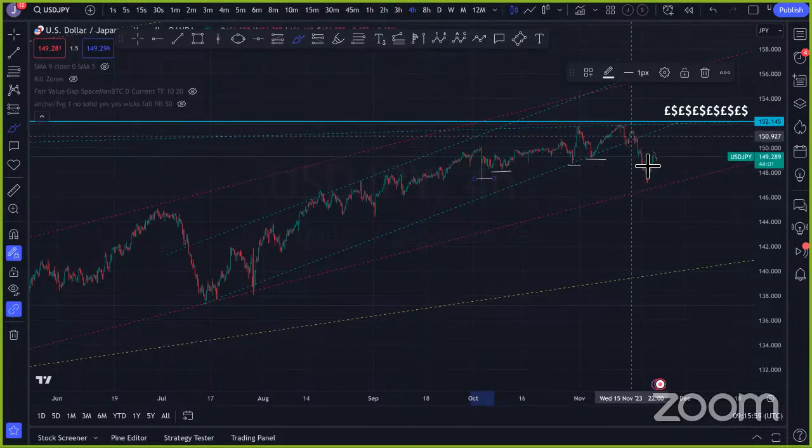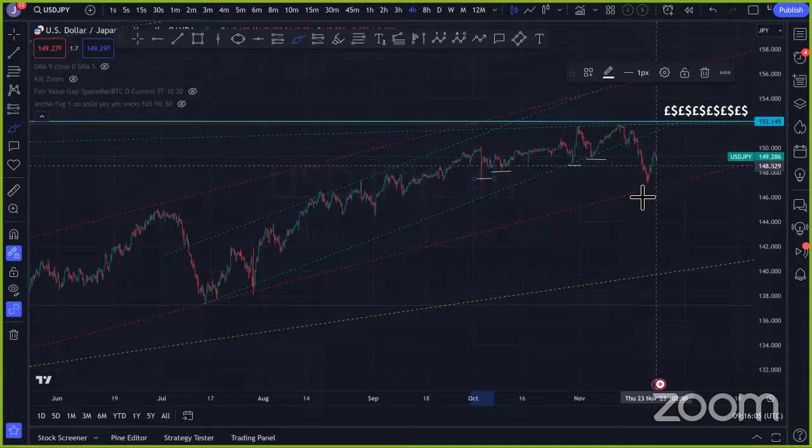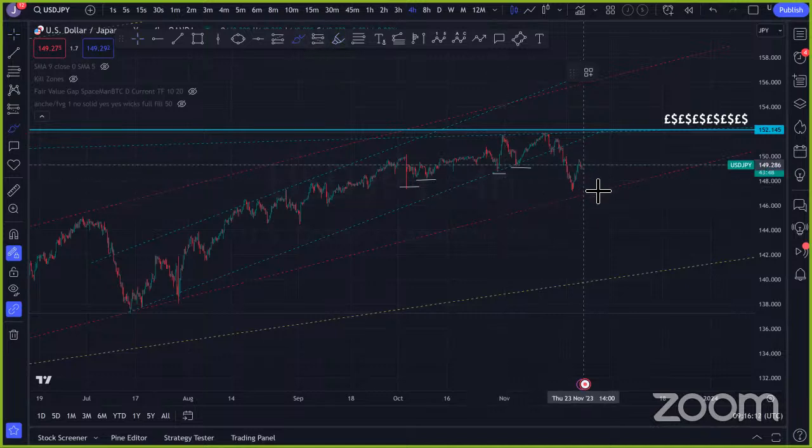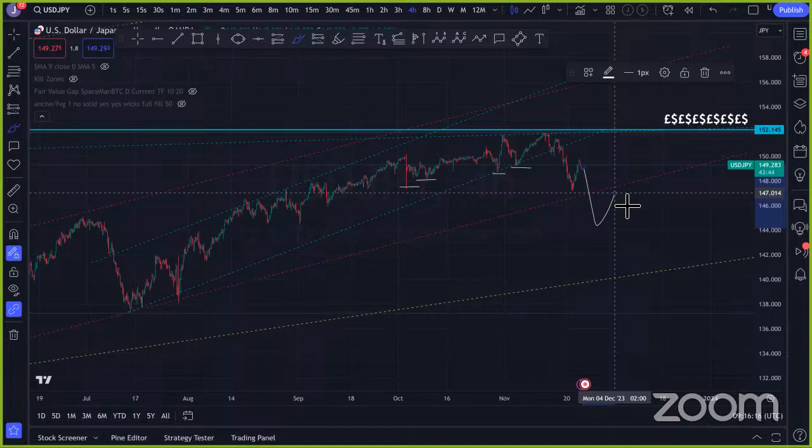It broke this structure here, boom, pushed up to here. But look at that bigger pink range. We haven't broken outside that bigger pink range, so I can't get carried away and say, oh yeah, it's broken that range, I'm ready to go, and I know it's going to burst through that pink range. I don't know that.